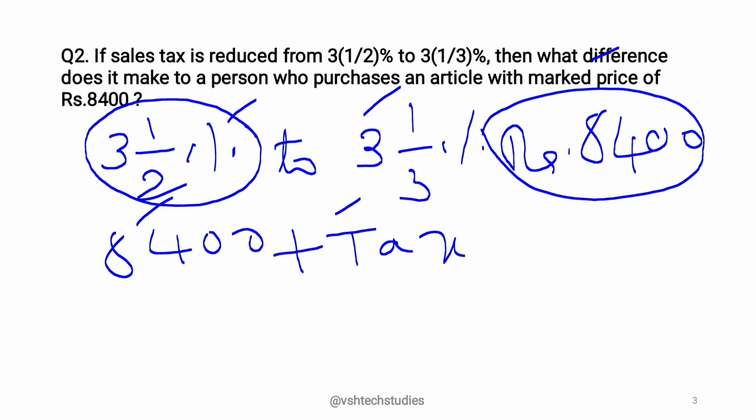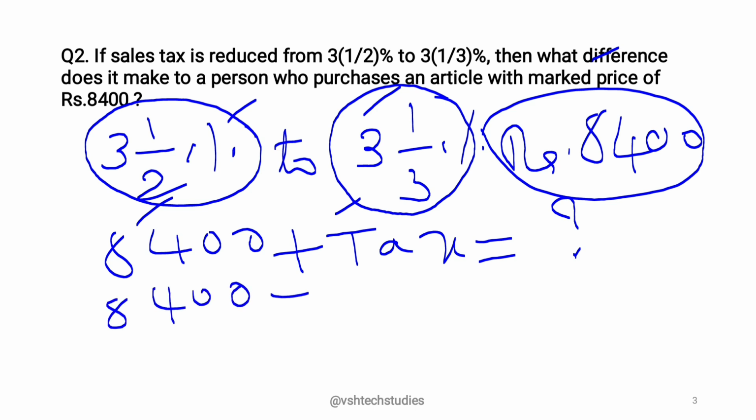When the tax was 3.5%, totally how much he had to pay for the article, that we have to calculate first. Then what is the new tax? 3 1/3%. So for 3 1/3%, we have to calculate the tax and the total amount of money for the article that person has to pay.